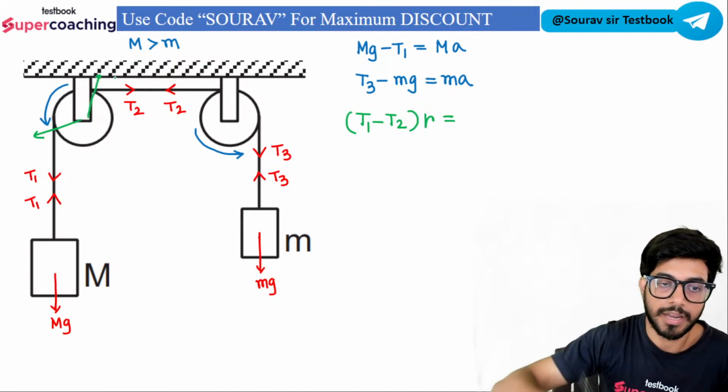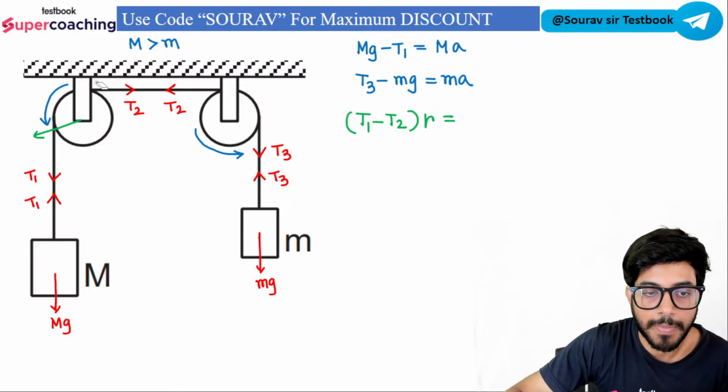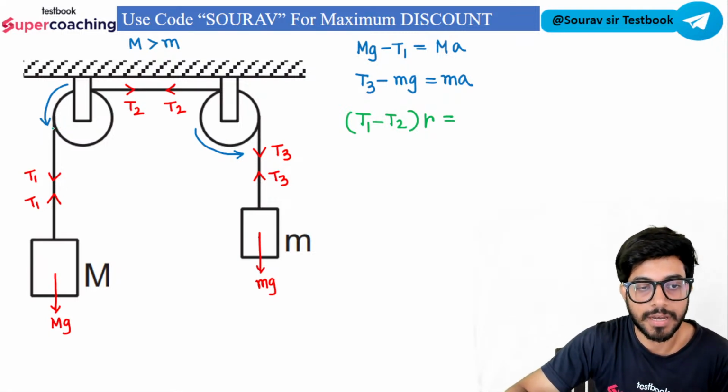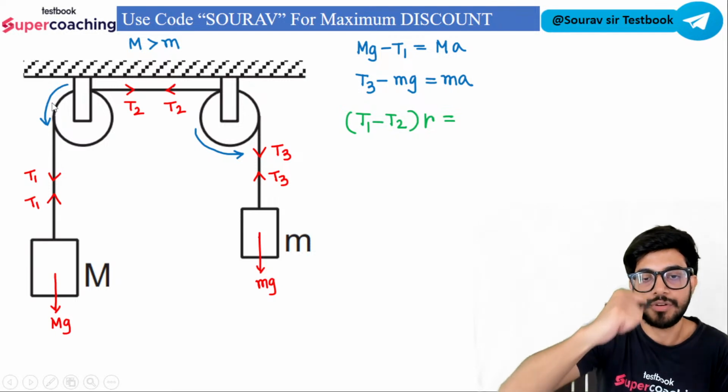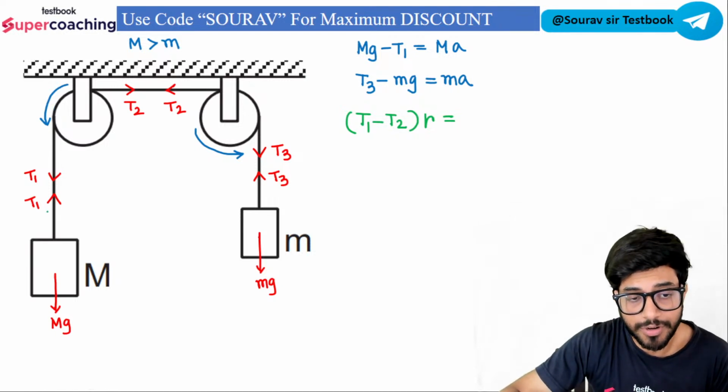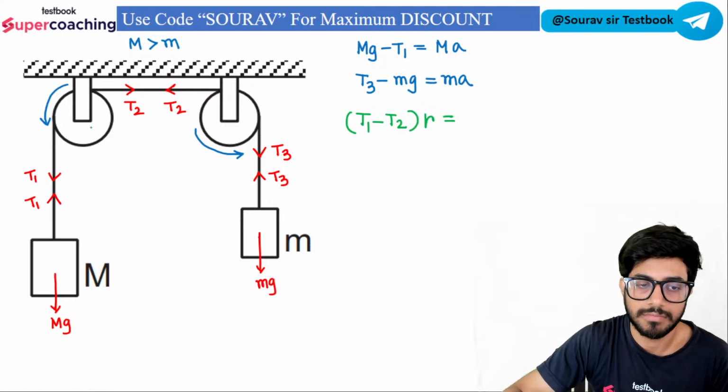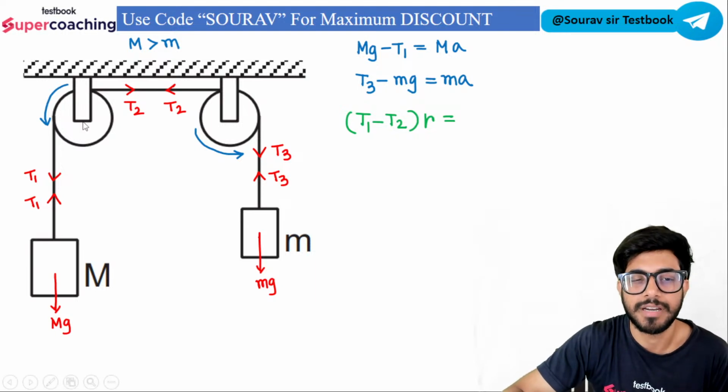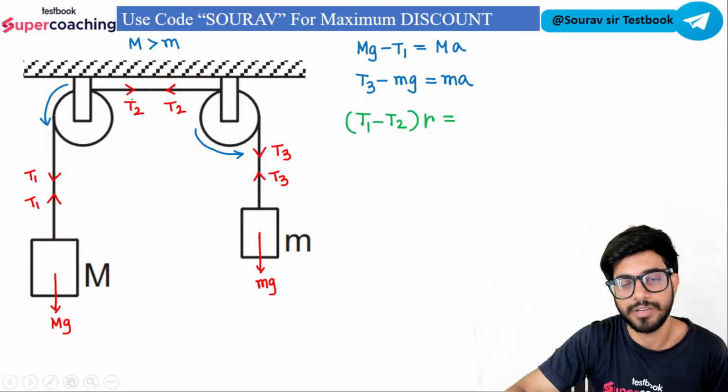R cross F is the downward direction. Of course it's rotating in this direction, so the upward torque will survive. Therefore T1 should be greater than T2.